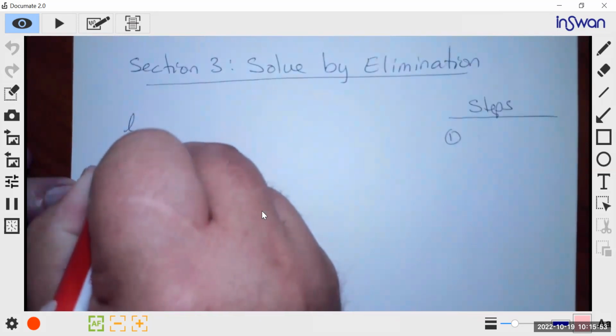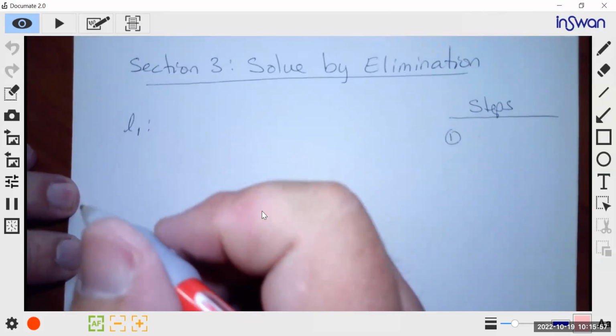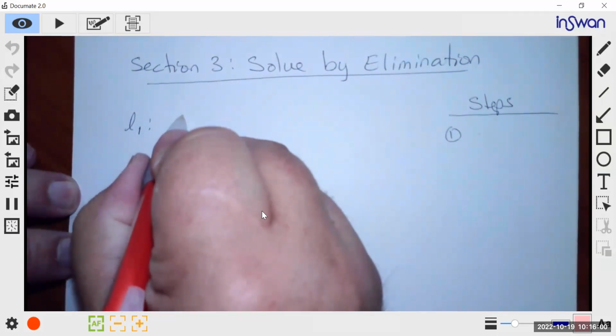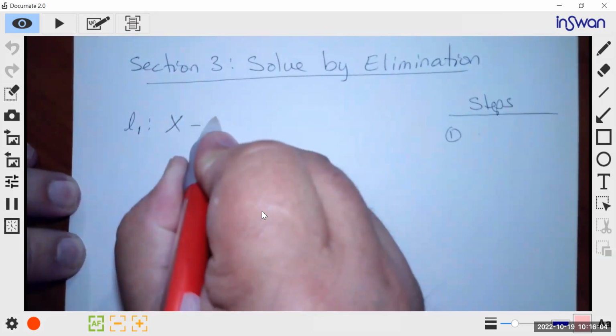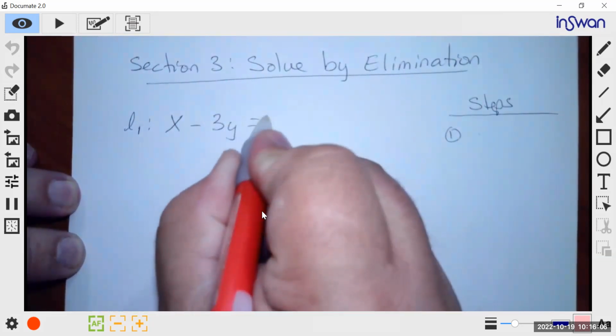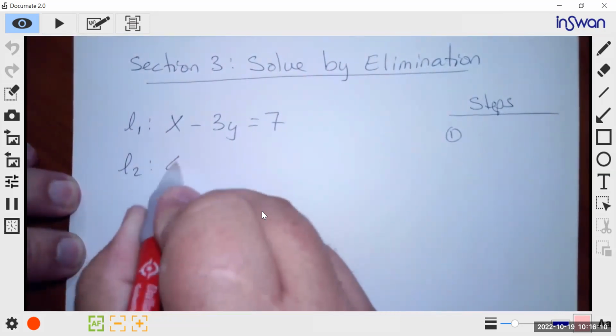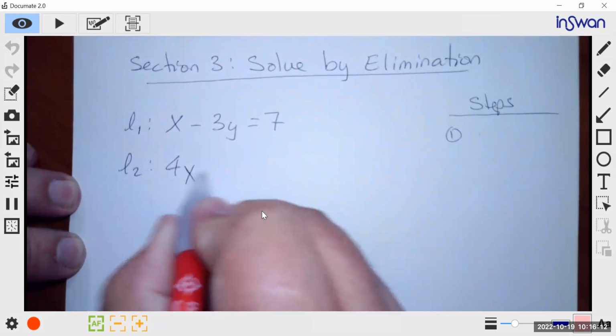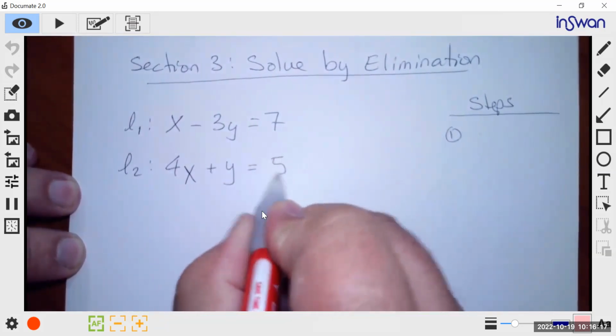Let's look at an example here of lines. x minus 3y equals 7. Or x plus y equals 5.